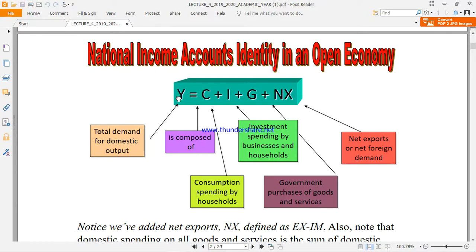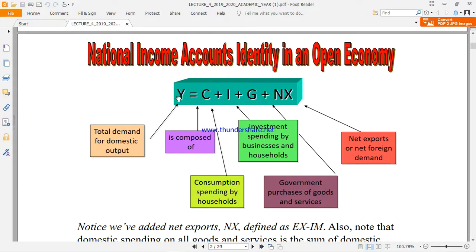So the total demand for what we produce here in Zambia comes from what is demanded by Zambians and what is demanded by other countries.